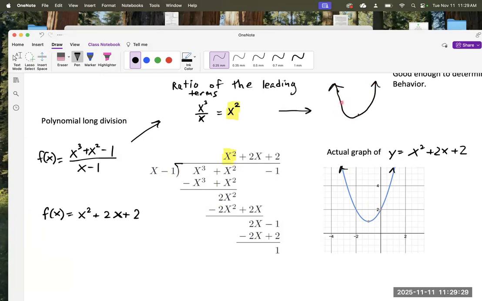It gives us a rough graph, but it's good enough to see what the end behavior is doing, because if I actually went through the hard work of this long division, the end behavior of that function is the same as the equation resulting from the ratio of the first terms. So that's why it's easier for us to just use that ratio of the first terms rather than doing all of this long division.